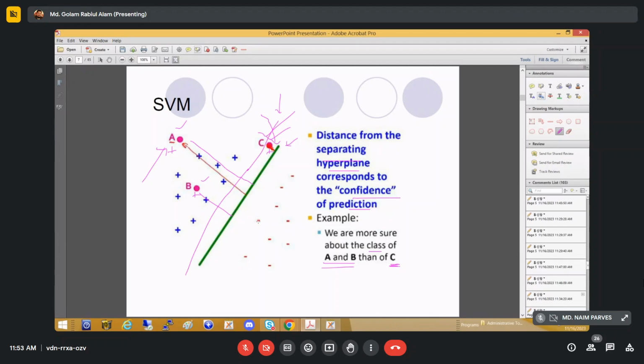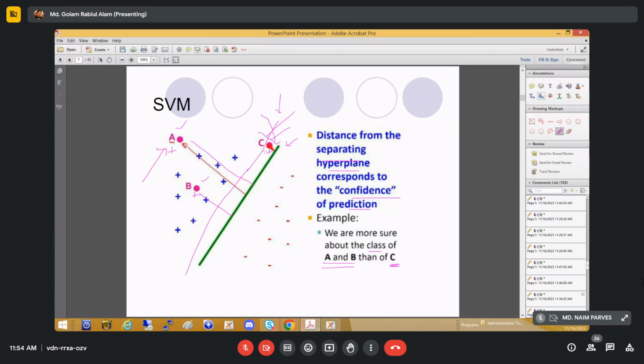So from here, one thing we also need to think about is that we have to place the hyperplane in such a way that the distance of the data points will be very high. That means the distance from the data points must be high.